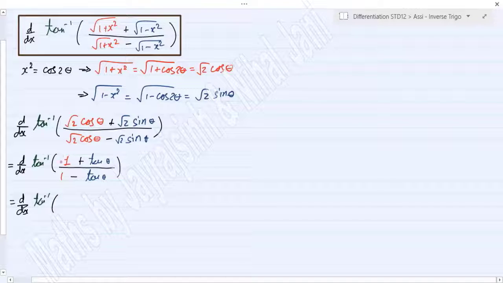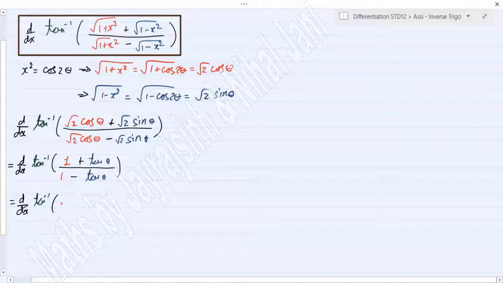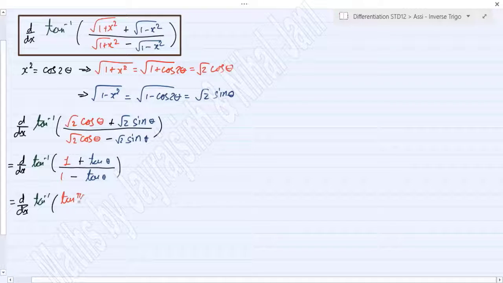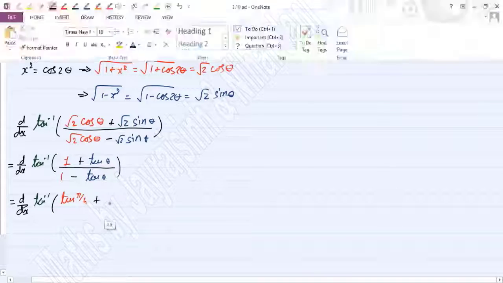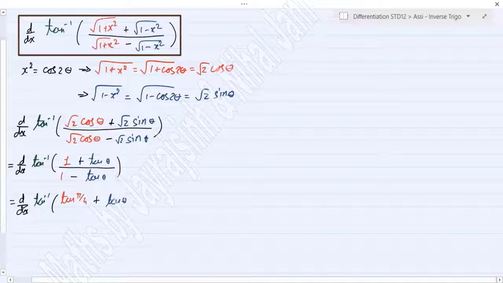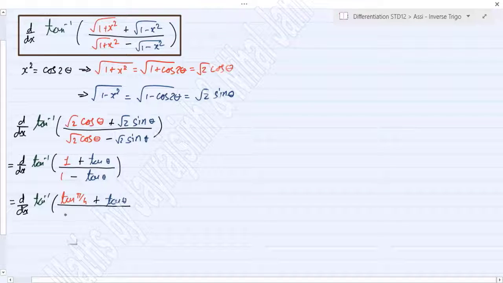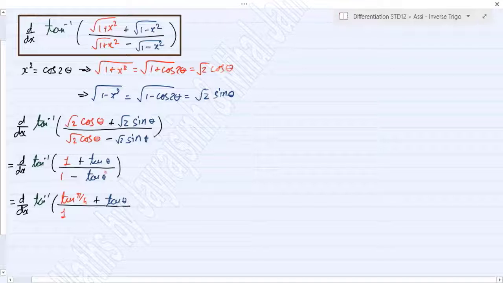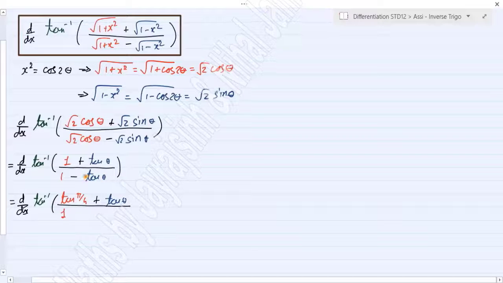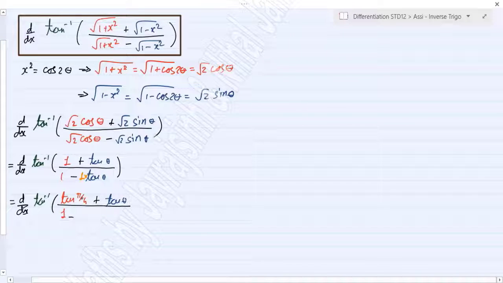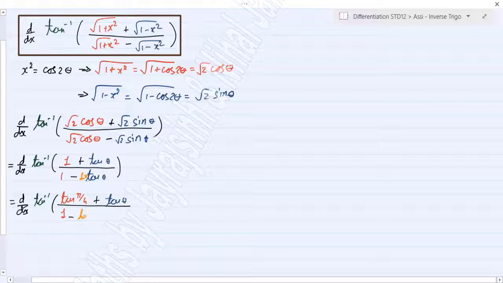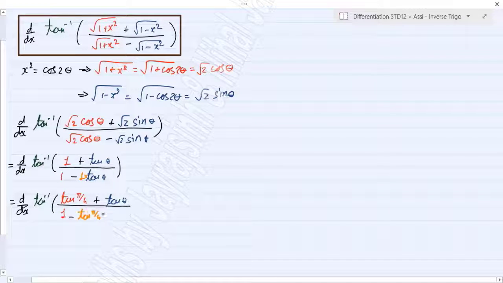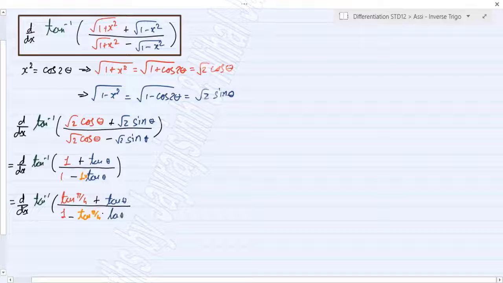Let's further simplify this. Instead of 1 we can place tan pi by 4. So tan pi by 4 plus tan theta upon 1, and tan theta is within the multiplication of 1, so it can be rewritten as 1 minus tan pi by 4 into tan theta.